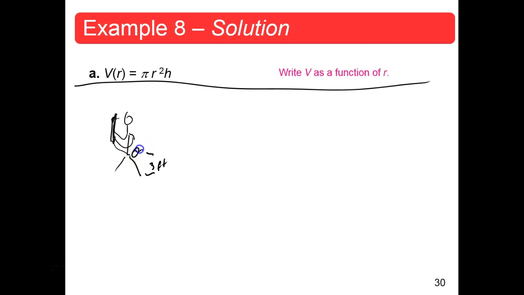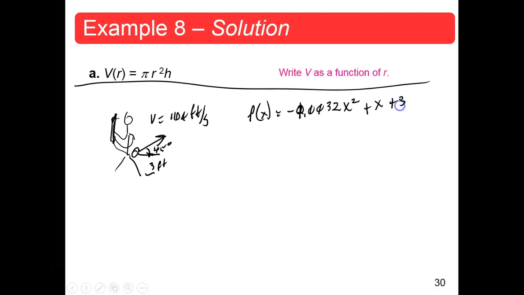At a velocity v is equal to 100 feet per second, at an angle of 45 degrees from the horizontal. The path of the baseball is given by f of x is equal to minus 0.0032 x squared plus x plus 3.